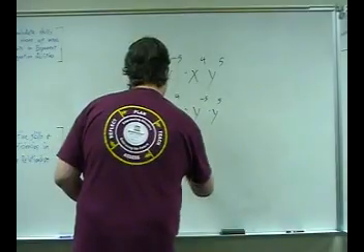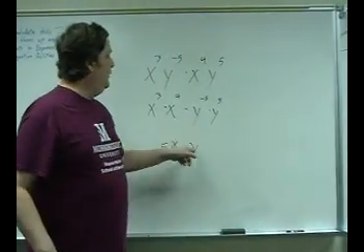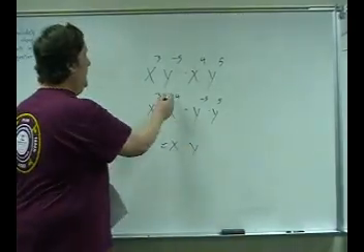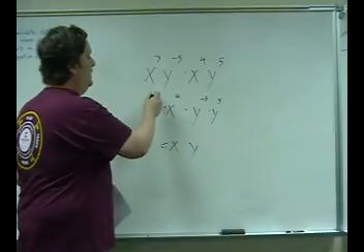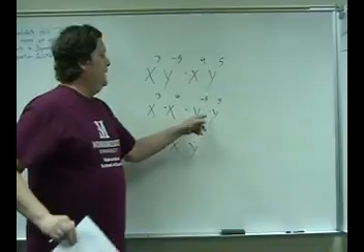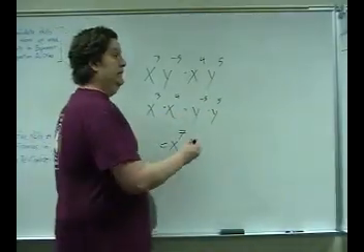So I've got x and I've got y. Now I just need to figure out what their exponents are going to be. x to the 3 times x to the 4 is 3 plus 4, that gives me 7. For y times y, all I'm going to do is add their exponents, negative 5 plus 5. Uh-oh.